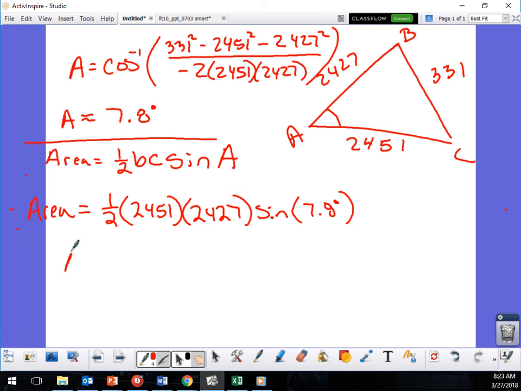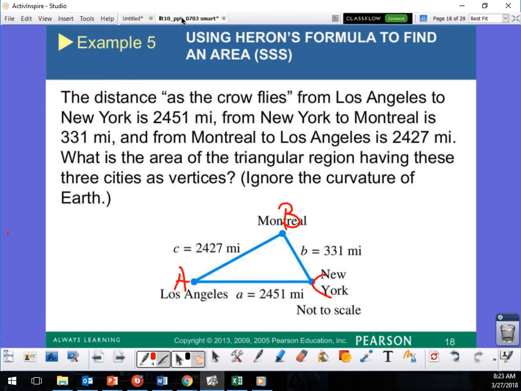All right, so my area, whoa, it's going to be big. 4,0,3,6,5,7, 0.3. Round it to 3. Okay, 3. What are my units? Miles.